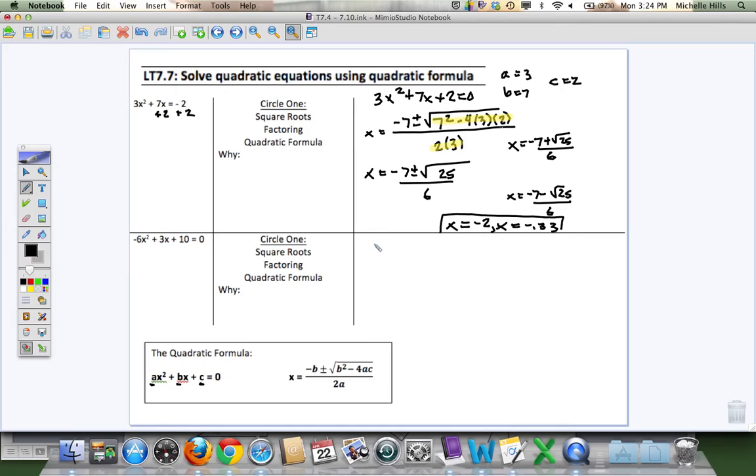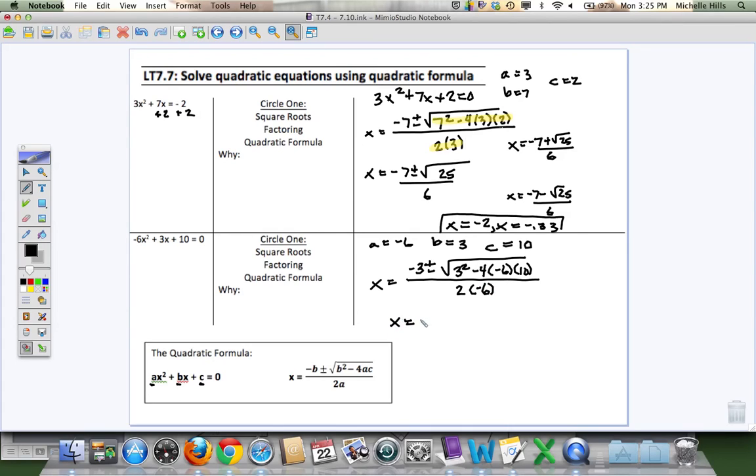Everything's on the same side of the equation, so a is negative 6, b is the coefficient of x, which is positive 3, c is the constant, which is 10, so x equals, big long fraction bar, the opposite of b, so the opposite of positive 3 is negative 3, plus or minus the square root of b squared, so 3 squared, minus 4 times a times c, so times negative 6 times positive 10, all over 2 times a, so 2 times negative 6.